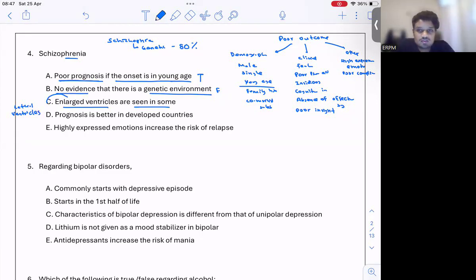Because here you lose some brain tissue, right? So therefore, what happens is your ventricles get enlarged, right? So you can see that in the neuroimaging. It's a supportive feature of schizophrenia. Okay, that is true.